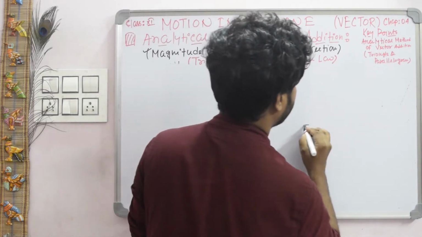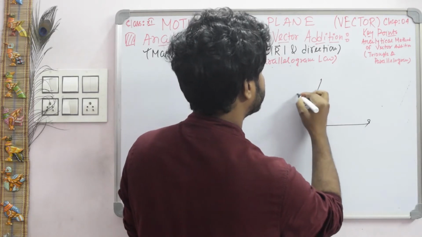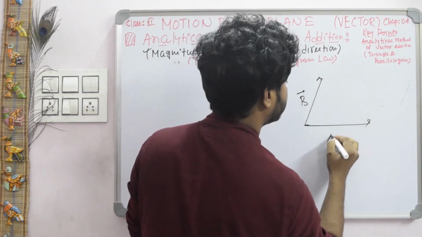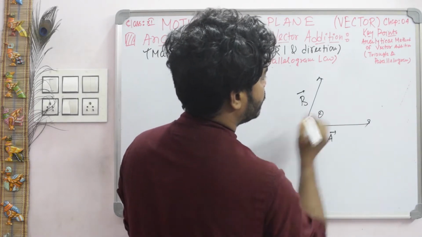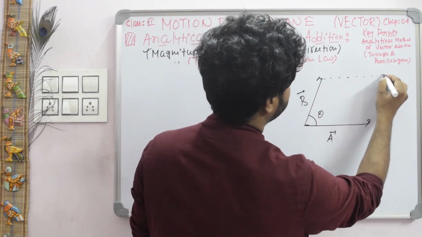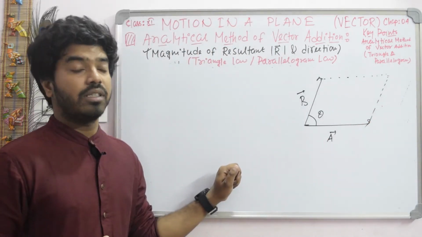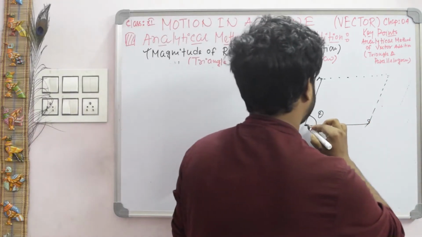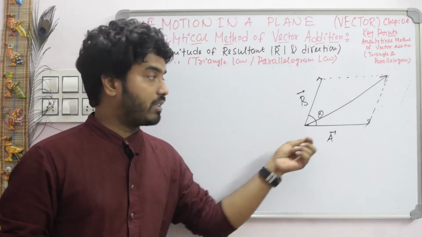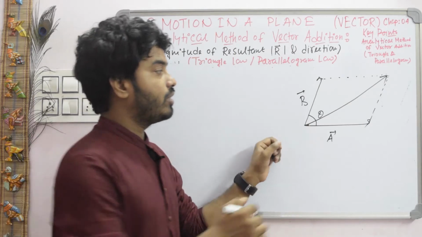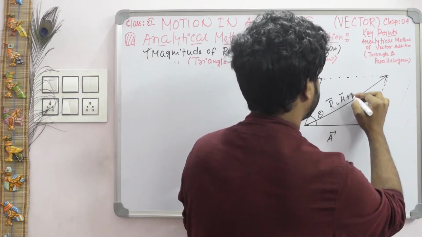Suppose this is vector A and this is vector B, representing the two sides of a parallelogram, making an angle theta between them. So what will be the resultant? All of you know, I explained in my last lecture. This diagonal, passing through the common point, gives the resultant. So this is our resultant vector R, that is vector A plus vector B.